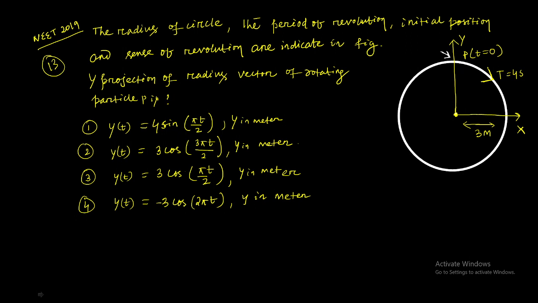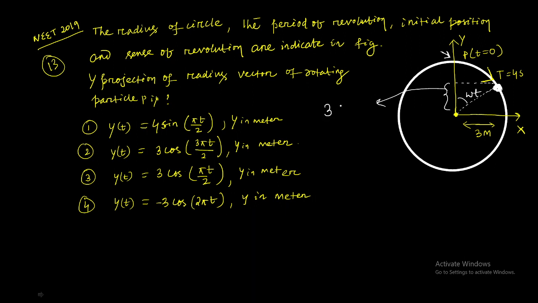So they are asking for the y projection. So let's say at any time the particle is at this position. So this is your omega t then, and this will be your y projection on the y axis. The projection of the radius on the y axis, and you know that this will be equal to how much?